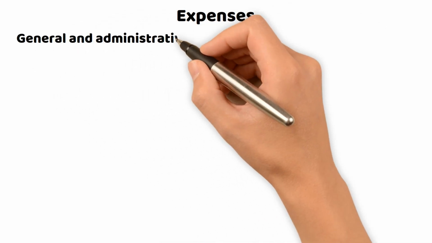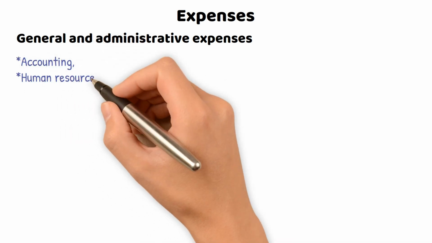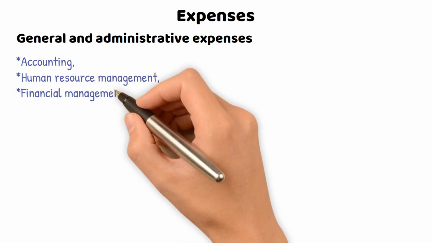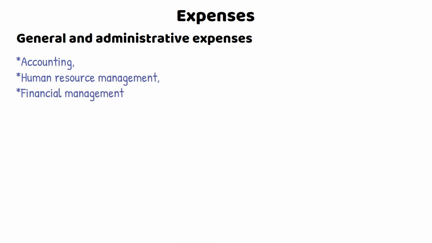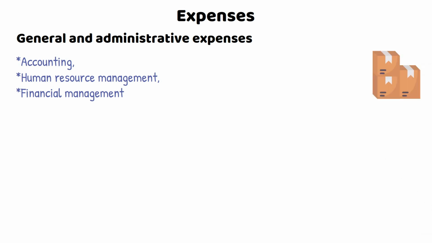Expenses. General and administrative expenses are a category of expenses that support a business's overall operations and include expenses relating to accounting, human resource management, and financial management. Therefore, these expenses are not directly related to producing goods or services and are considered indirect.